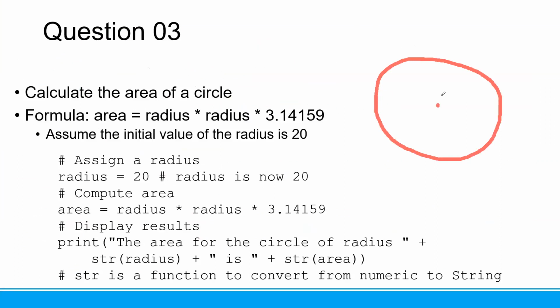Usually we have the radius, and the formula of the area equals radius multiplied by radius multiplied by pi, 3.14 something. So how can we make the Python code for this problem?